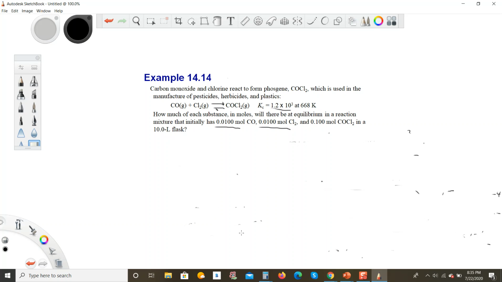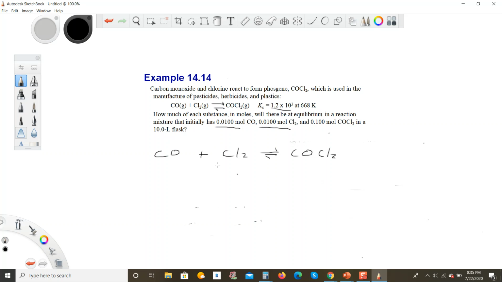Okay, so first thing I'm going to do after I finish cleaning this is to write down the equation first. Okay, so CO plus Cl2 to give COCl2, all right?